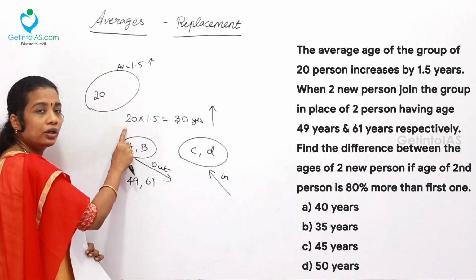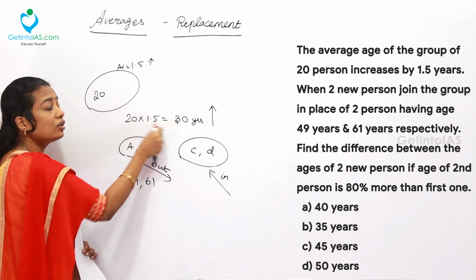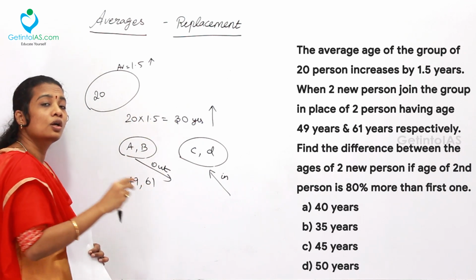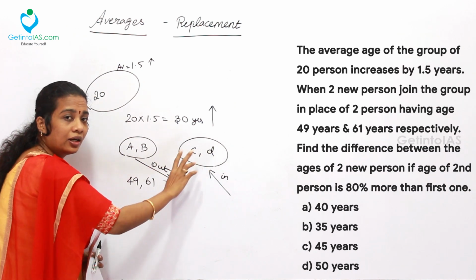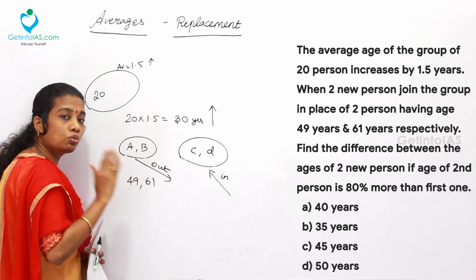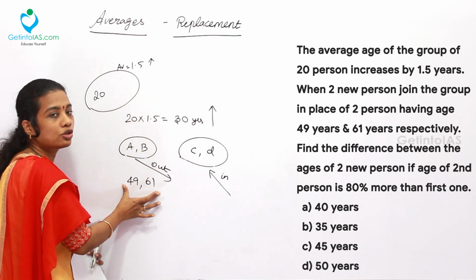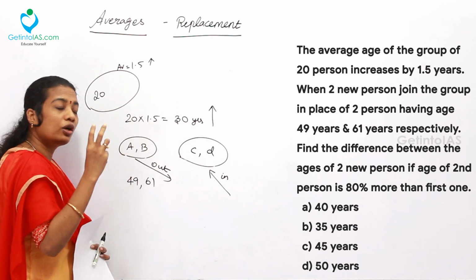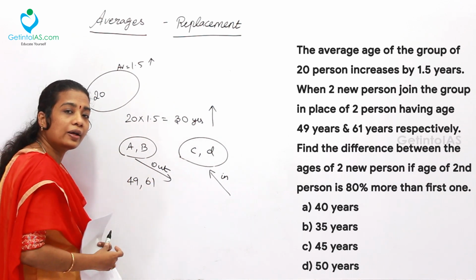So here first of all we have found the overall increase, that is 20 into 1.5, 30 years for the group has been increased. What is the meaning? Which means the sum of the ages of C and D will definitely be 30 more than the sum of the ages of A and B. If you are able to sort out these things, then the next step is to get the final result.